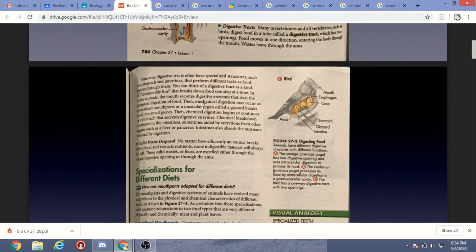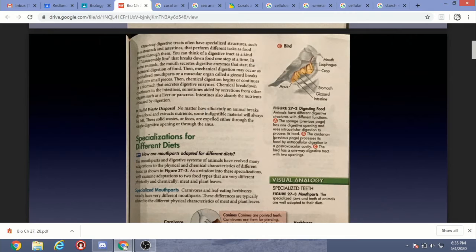Imagine taking like a hammer, or anybody ever... I make a chocolate cheesecake, and one of the recipes I use calls to take Oreos and smash them in a Ziploc bag with a hammer to finer pieces so that you can make the crust. It's a nice Oreo crust, and that would just be mechanical, just breaking it down. But chemical digestion is a whole other ballgame. That's actually breaking the chemical bonds in the molecule, and that requires chemicals, requires enzymes and chemicals, digestive enzymes.